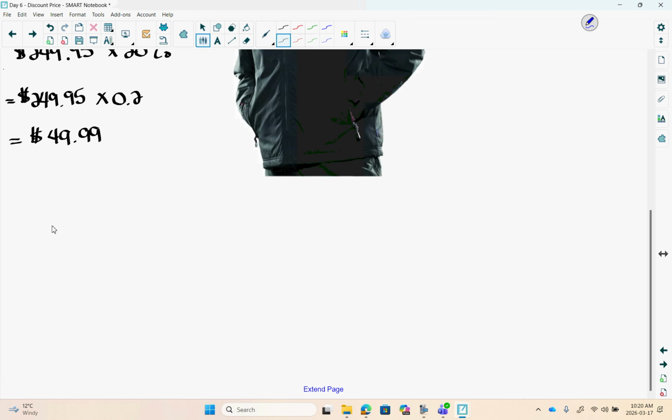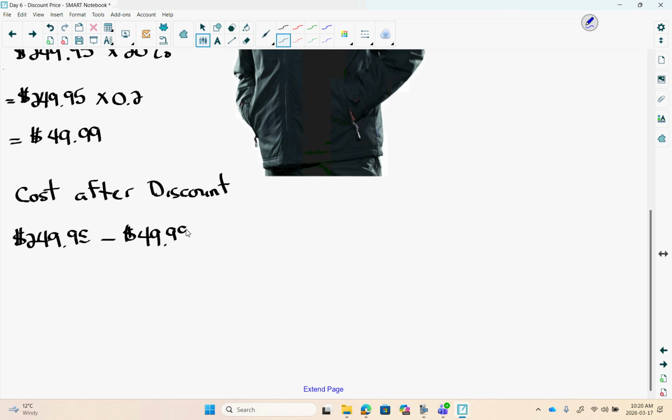So if I want to know the new cost after the discount, I can take the $249.95 and I can subtract $49.99. And what do we end up with? $199.96.